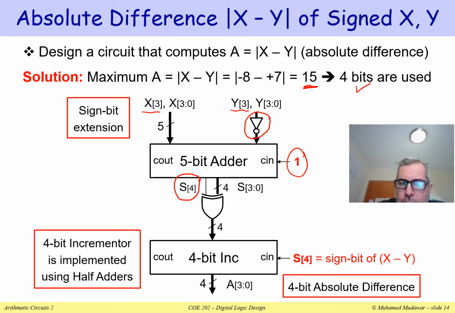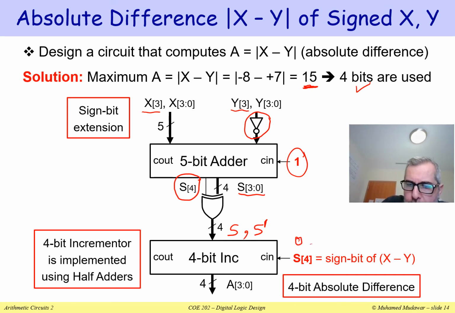So what I really need to do is calculate the absolute value. If S4 is equal to 0, when you XOR all the bits here, S3 down to S0, with 0, you get S. If S4 is equal to 1 and you XOR with 1, you get S prime. Now, if S4 is equal to 0, then the carry in will be equal to 0.